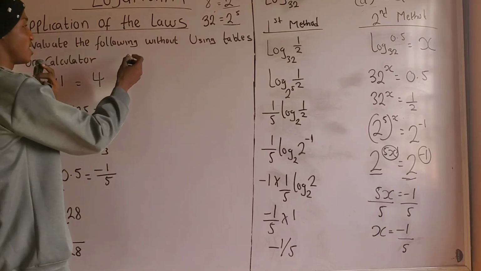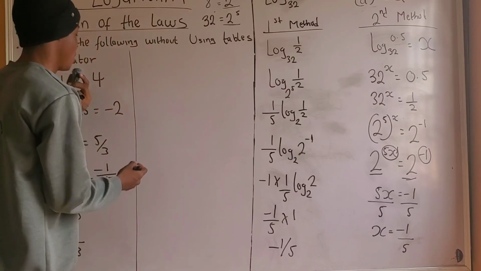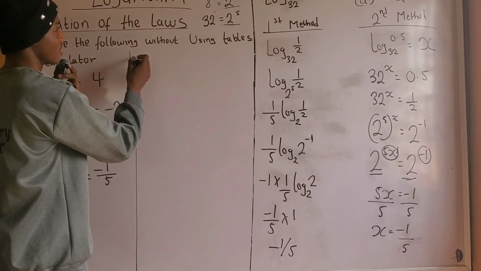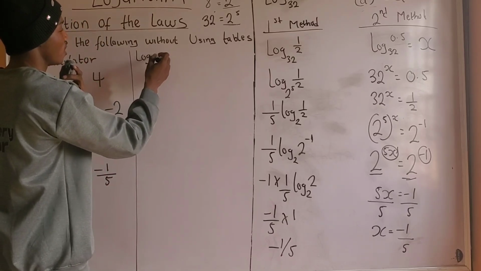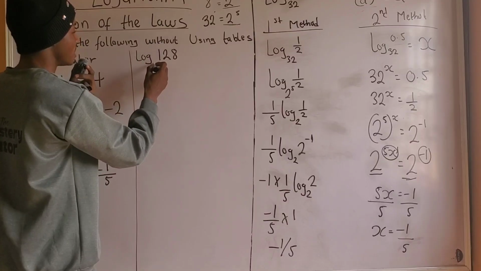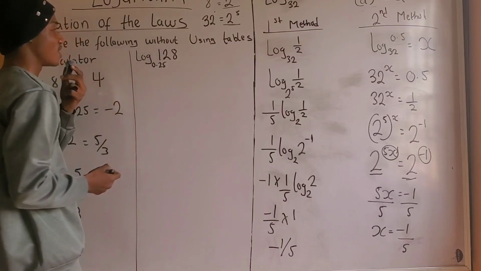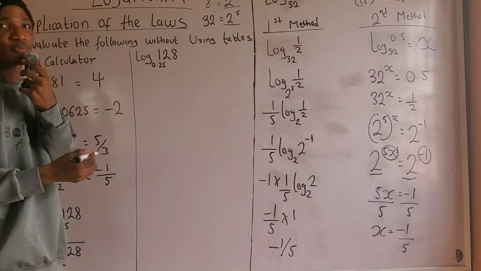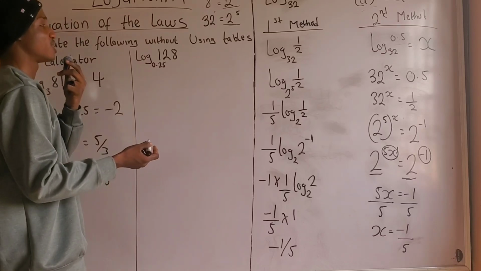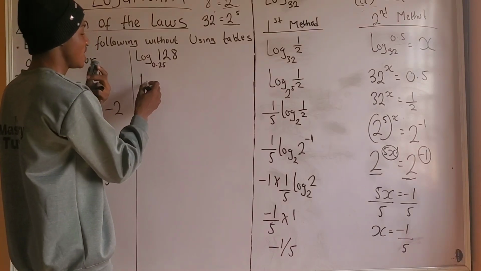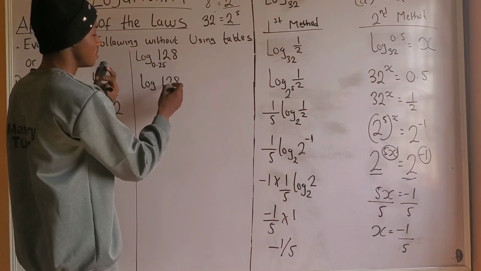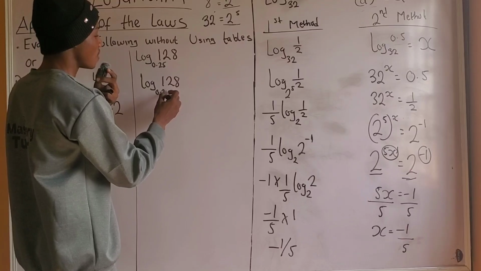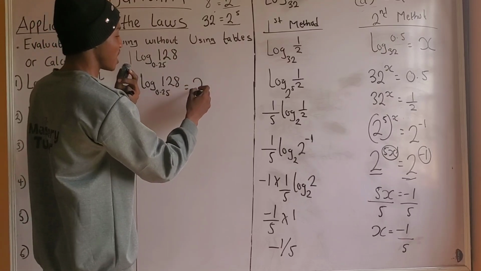Okay, let me just attempt the solution here. Log 128 base 0.25. Okay, how can we solve this question? Well, let us use the second method. Let log 128 base 0.25 equal a letter, maybe x, right?